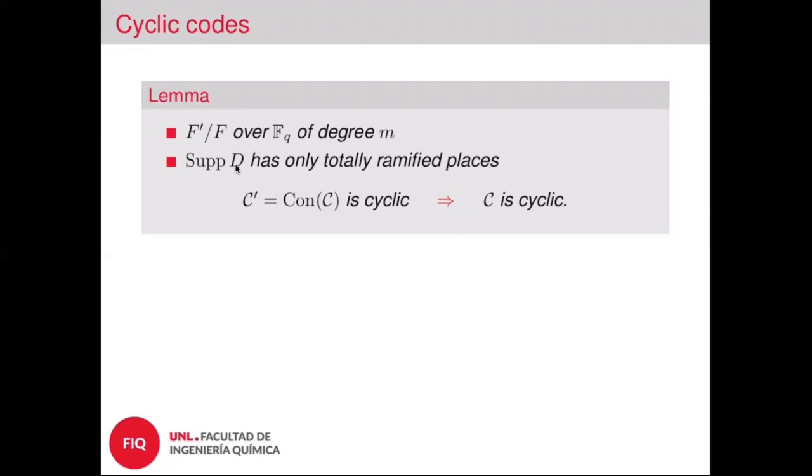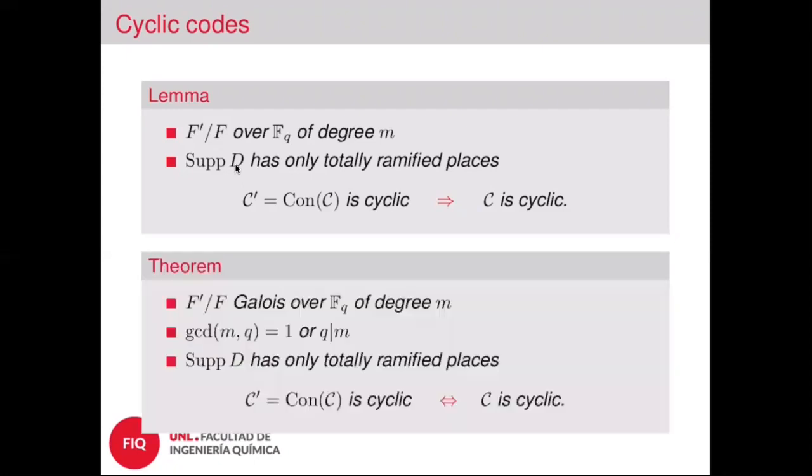So over any of the places in D, we have only one place in the extension. Then the first thing that one can see very easily is that if the conorm code is a cyclic code, then the original code was cyclic.